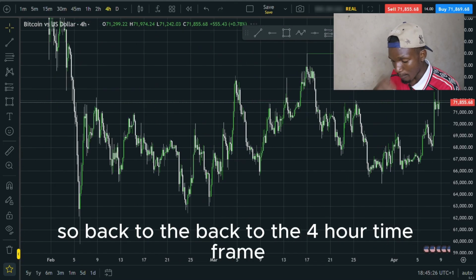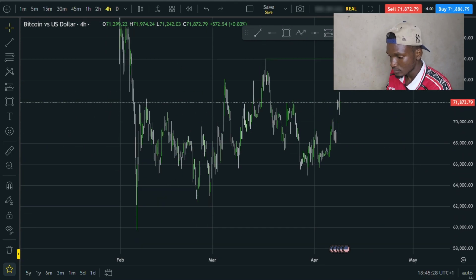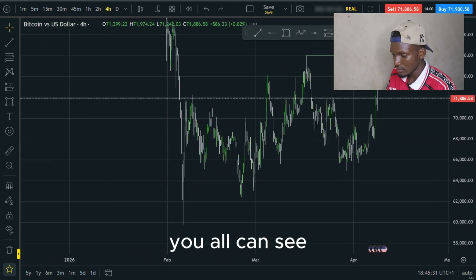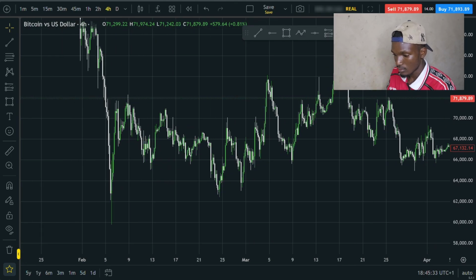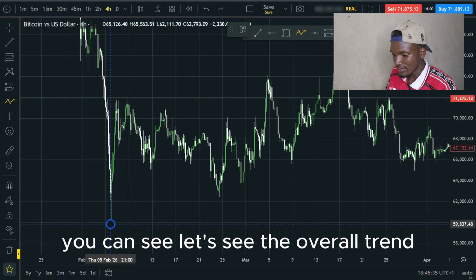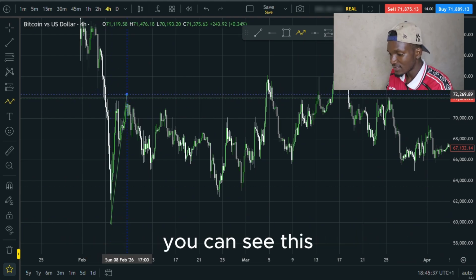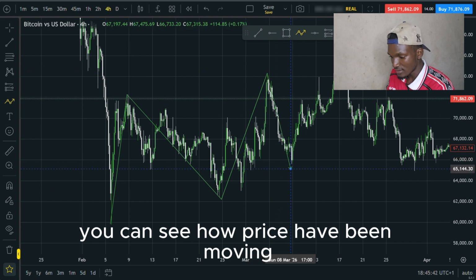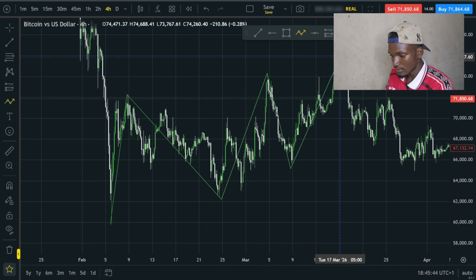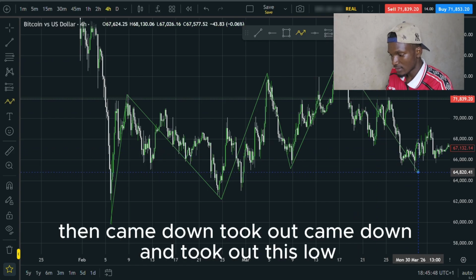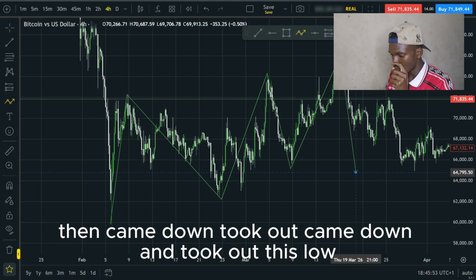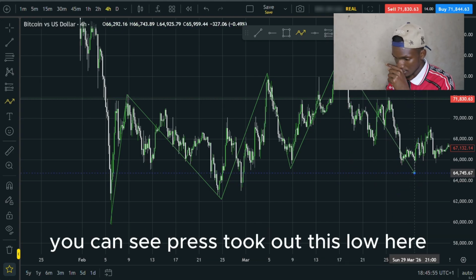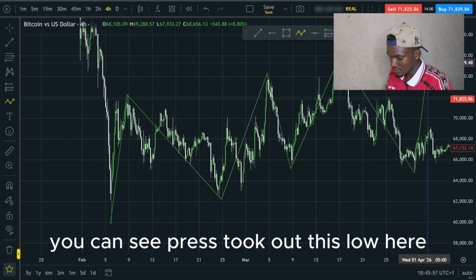So back to the 4-hour time frame. Let's see the overall trend. You can see how price has been moving, then came down and took out this low here.